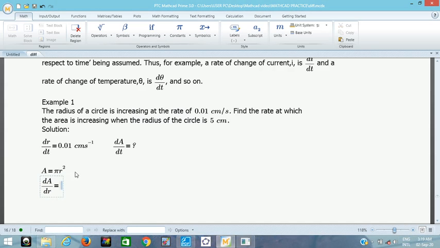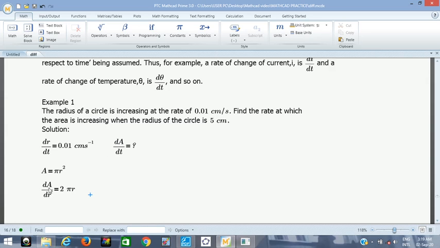Pi is a constant, so we get 2 pi r, then you subtract one from the power, 2 minus 1 is 1. So this is the result when you differentiate the area. We got 2 pi r. But if you look at what we are calculating, we need to calculate dA/dt, not dA/dr.